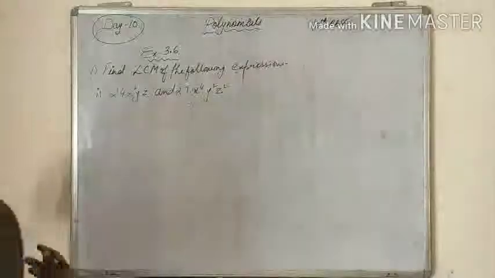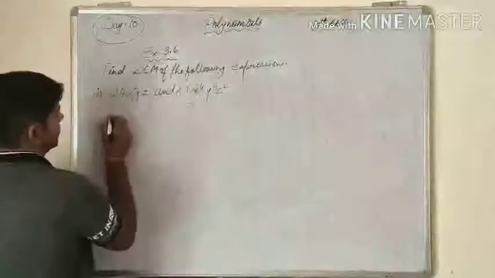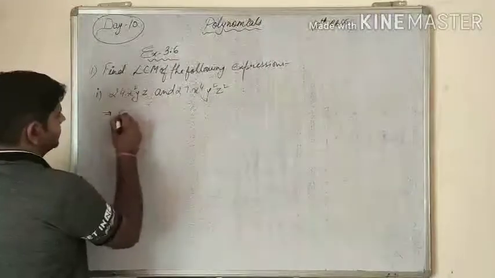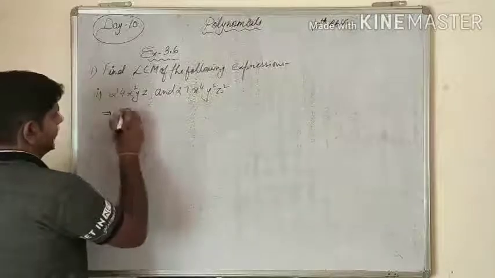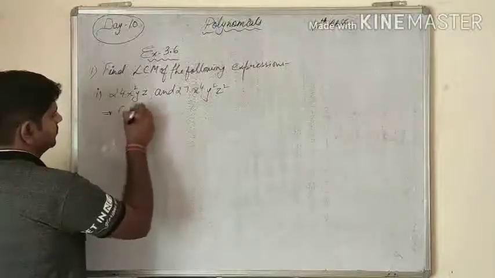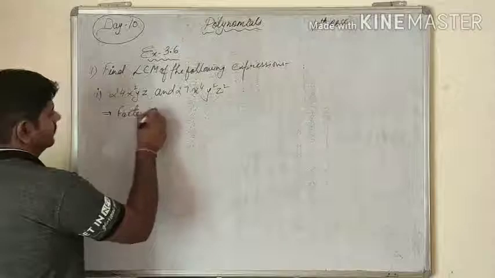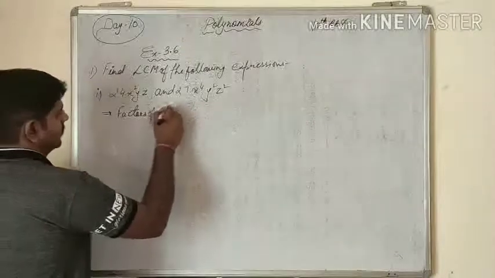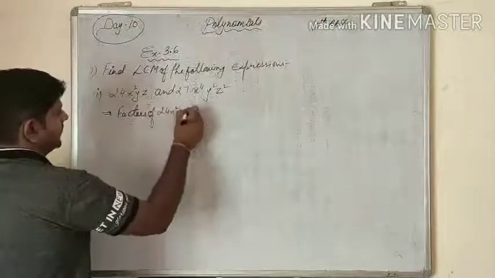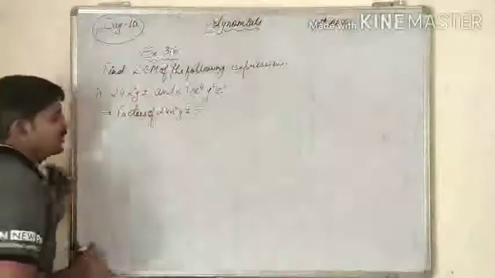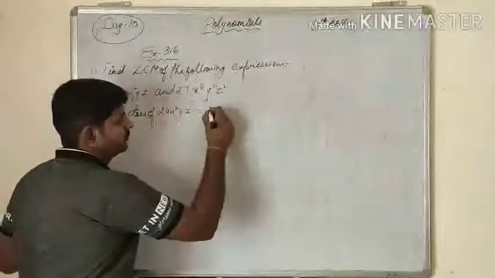To find out LCM, first of all, we will factorize this. So factors of 24x square yz. So 24 can be written like this.